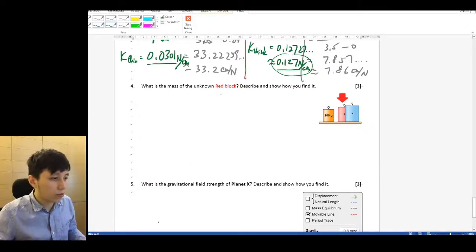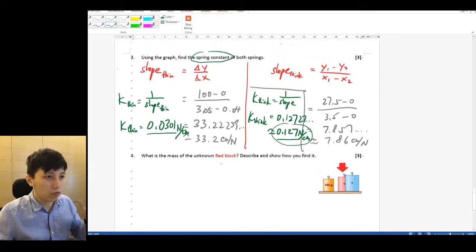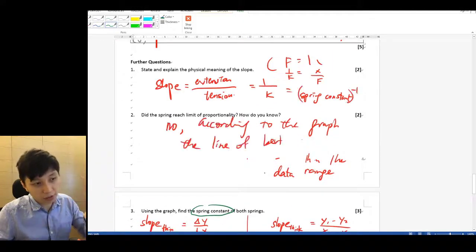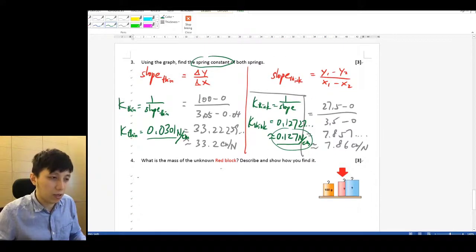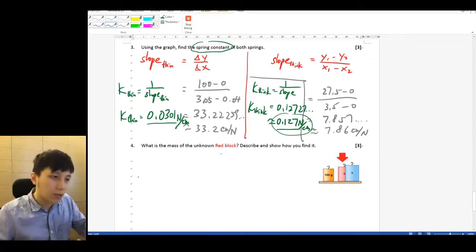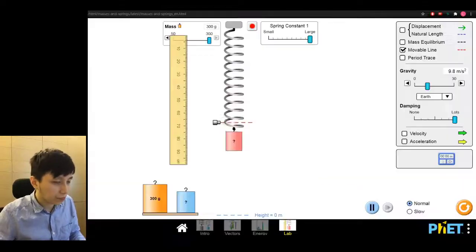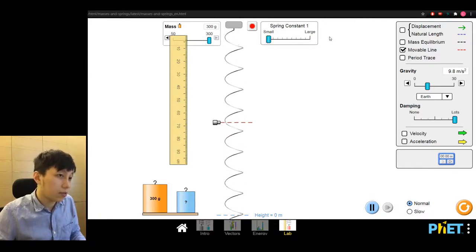One easy way to do it is to use what we have learned about the spring constant. In that case we can simply find out by looking at its extension and the corresponding force, and then calculate the mass. Here we can either use the one with the greatest spring constant or the smallest one.